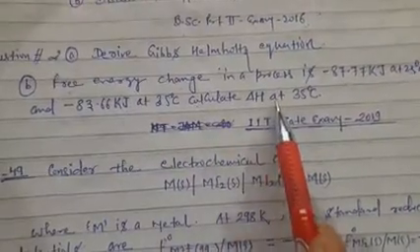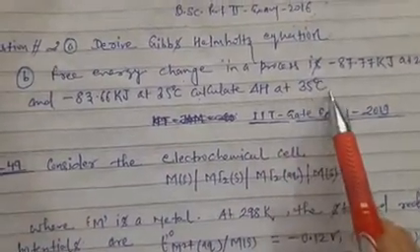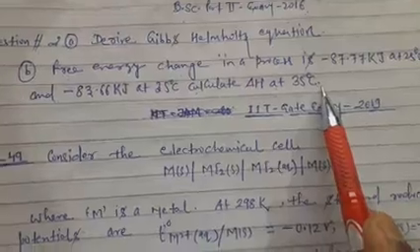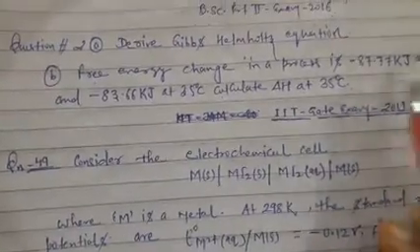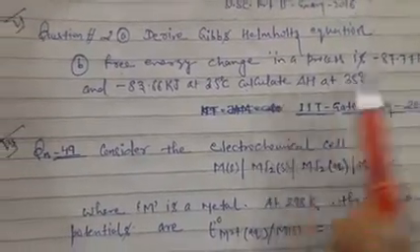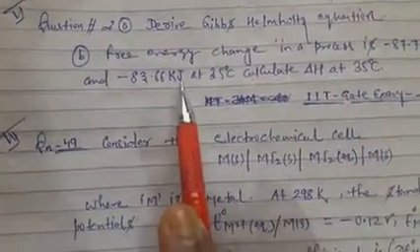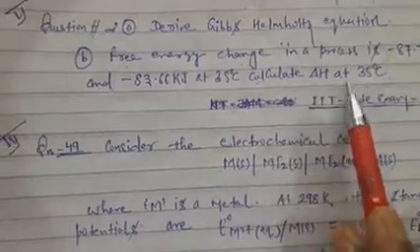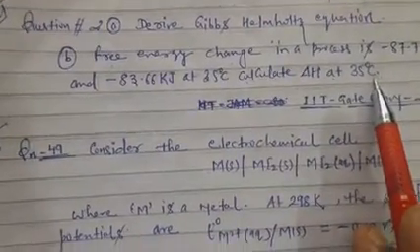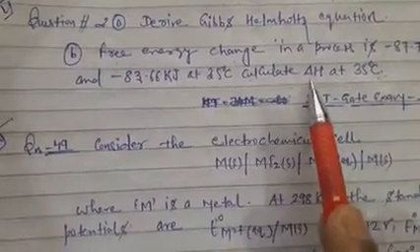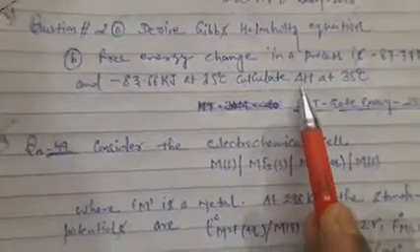Calculate delta H at 35 degrees Celsius. At 2 different temperatures, delta G is given here, and at 35 degrees Celsius, this question demands delta H.